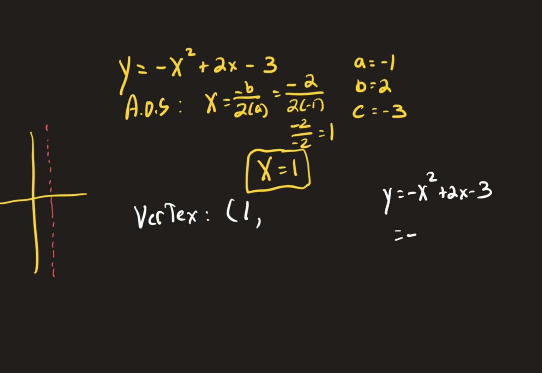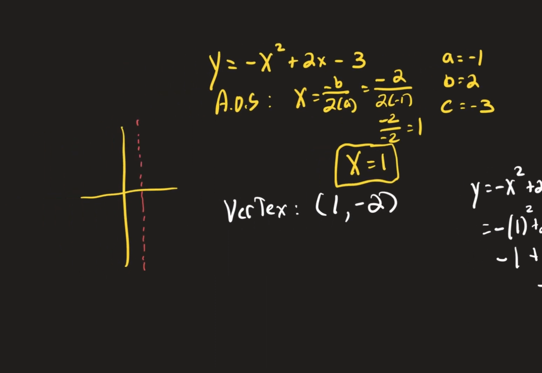So I've got to be careful with this, because that's the negative of 1 squared plus 2 times 1 minus 3. So 1 squared is 1. So this is actually negative 1 plus 2 minus 3. Negative 1 plus 2 is 1, minus 3, so negative 2. So there's my vertex at (1, negative 2).